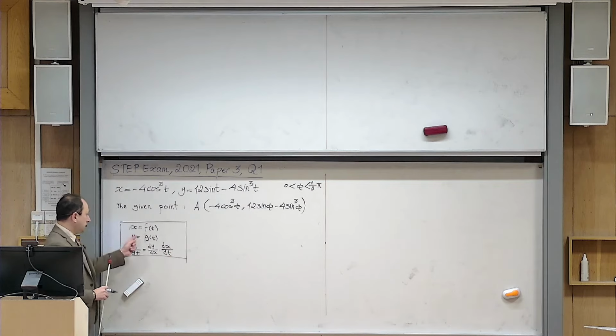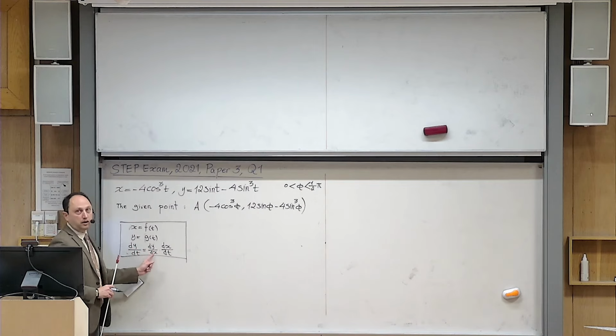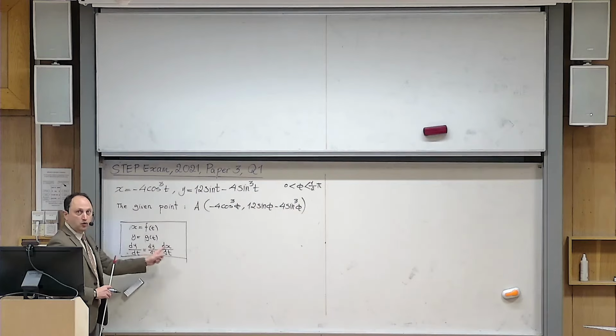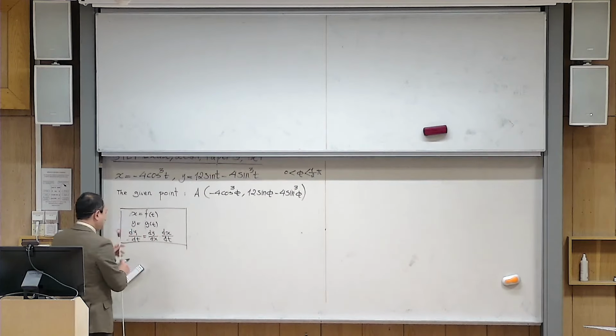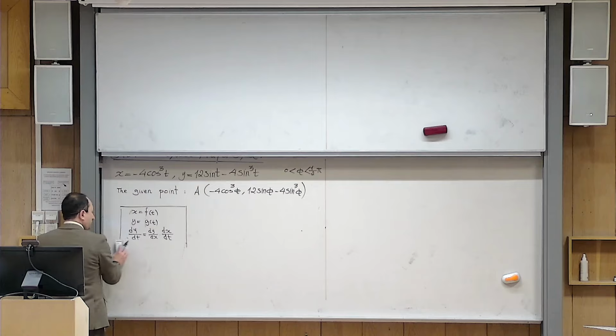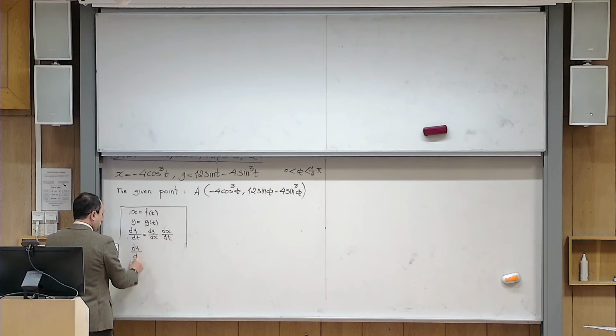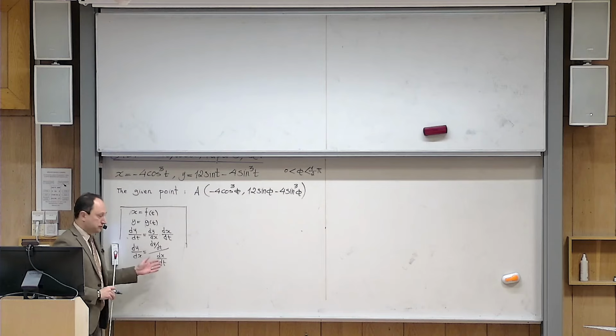But in this case, I want to calculate dy dx. So if dx dt is not vanishing, is not zero, then dy dx is equal to dy dt over dx dt. So I'm just refreshing your memory about parametric differentiation. So dy dx is equal to dy dt divided by dx dt, if this expression is not zero, of course.